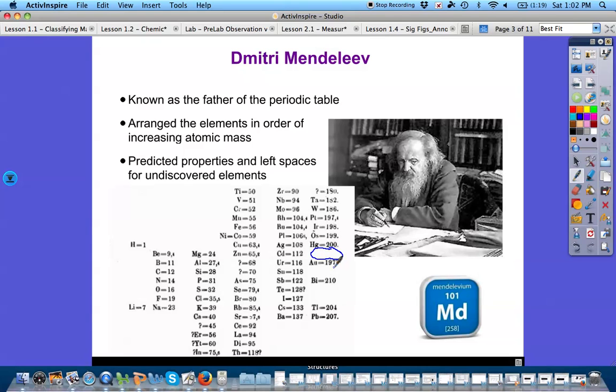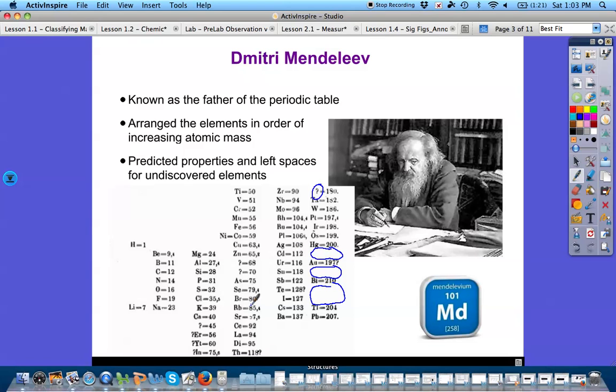There's no element listed there and no mass, but they knew that we're not going to put gold right next to bismuth, so we left that space. Also, you can notice the question marks. They're pretty sure there's an element there, but not exactly sure what it is. So they left those spaces knowing that there has to be something that fits in there, but we're not certain at this point in time.